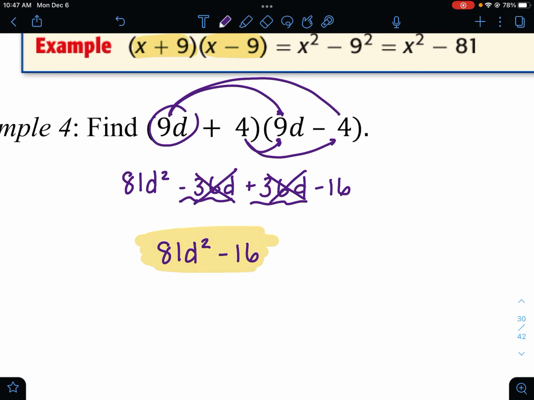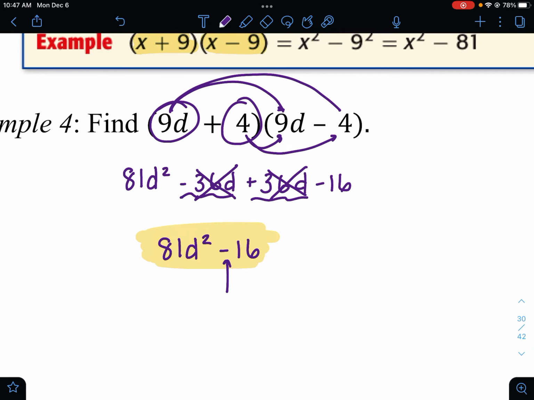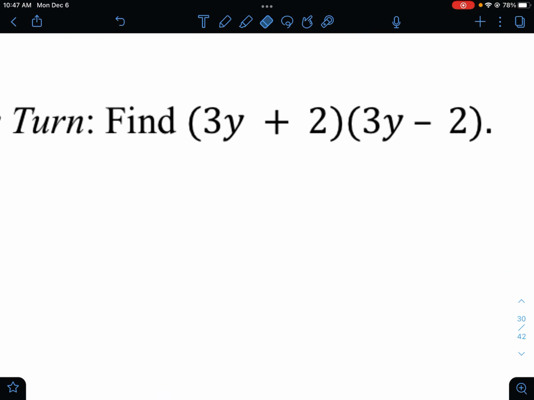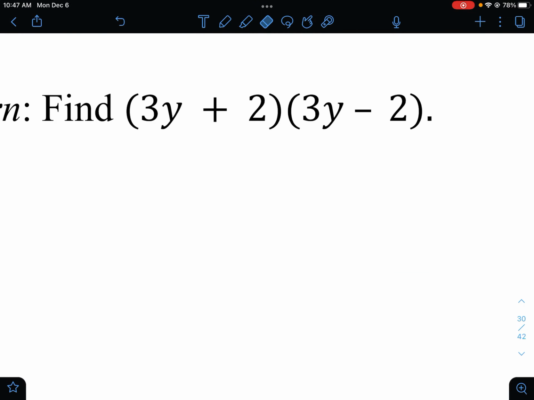So notice how if I took 9d and squared it, I get 81d squared. And if I took 4 and squared it, I get 16. And since it's difference of squares, there's a subtraction in the middle. Okay? So last your turn, multiply those two binomials together.